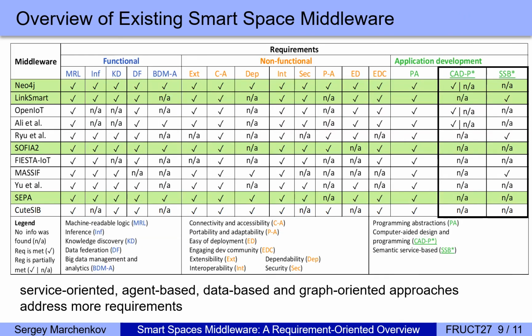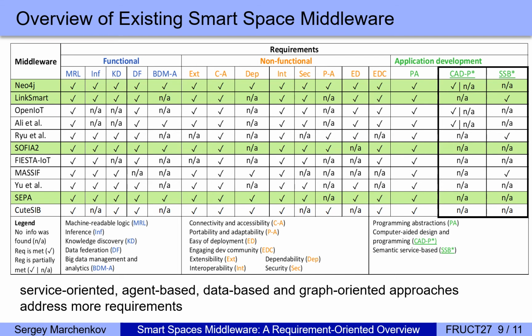This slide presents an overview of particular existing middleware solutions that can be used for the case of smart spaces. For each considered solution, the overview focuses on the achieved level of requirement satisfaction. In general, service-oriented, agent-based, data-based, and graph-oriented design approaches address more smart space middleware requirements than others.